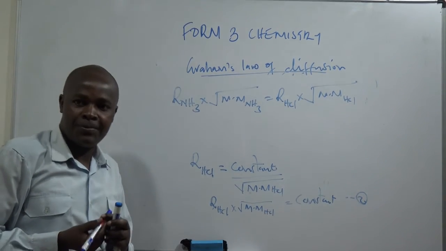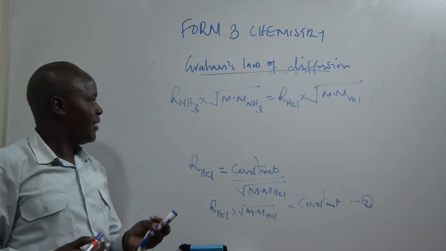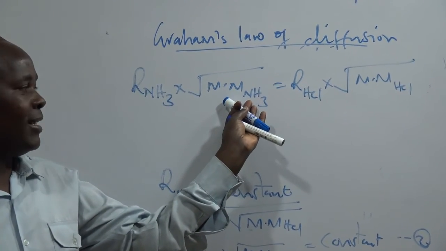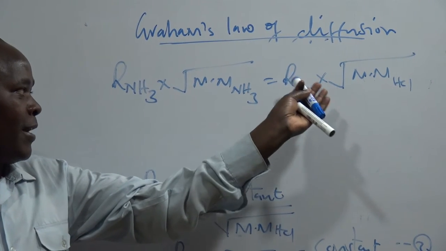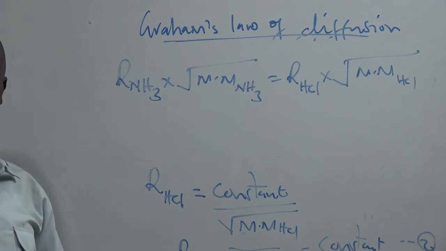Are you together, class? Because in both cases you are getting a constant. So the rate of diffusion of ammonia gas multiplied by the square root of molecular mass of ammonia is equal to the rate of diffusion of HCl multiplied by the square root of molecular mass of HCl.